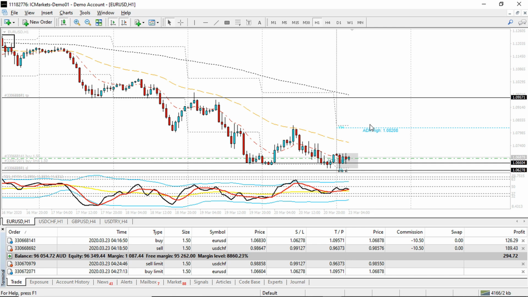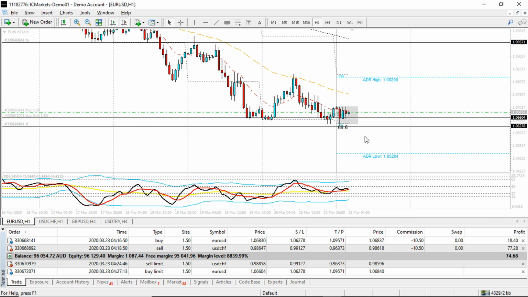So now let's look at the difference in stop loss as well. The difference now is for the instant execution order we placed at 1.06830, our stop loss is 54 pips with a take profit of about 274 pips.